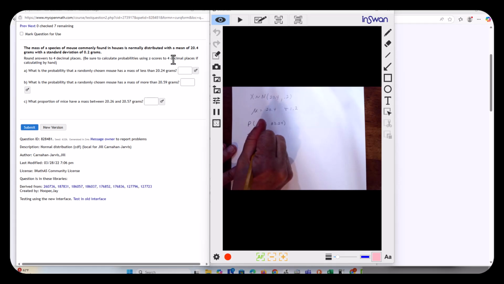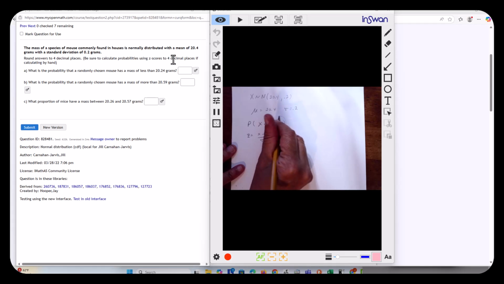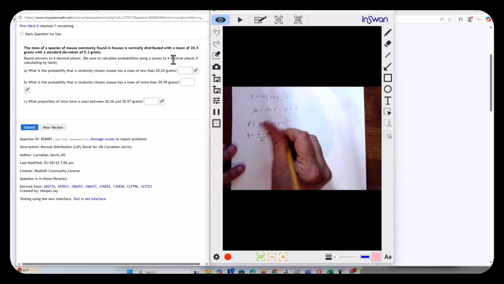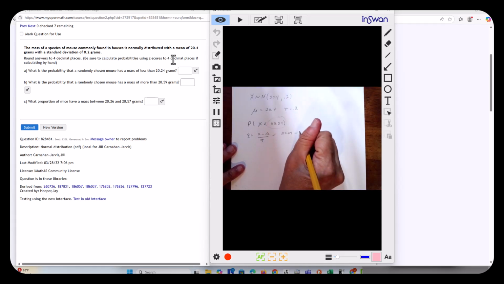Z is equal to X minus mu over sigma. And remember that this is your X value. So it's going to be 20.24 minus mu, which is 20.4, divided by sigma, which is 0.2.